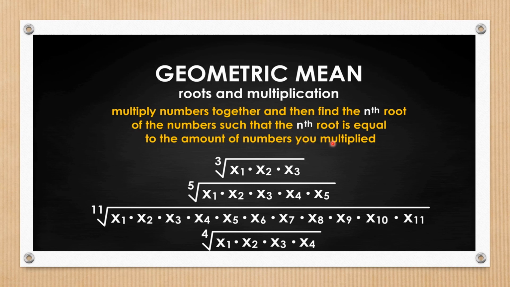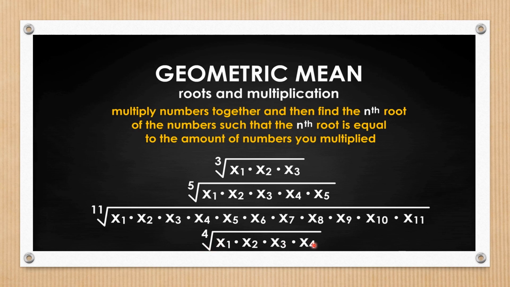That means if you are multiplying three numbers, you multiply all three numbers and then take the cube root. If there are five numbers, you multiply all five and take the fifth root. Similarly, for 11 numbers, the 11th root. For four numbers, the fourth root.